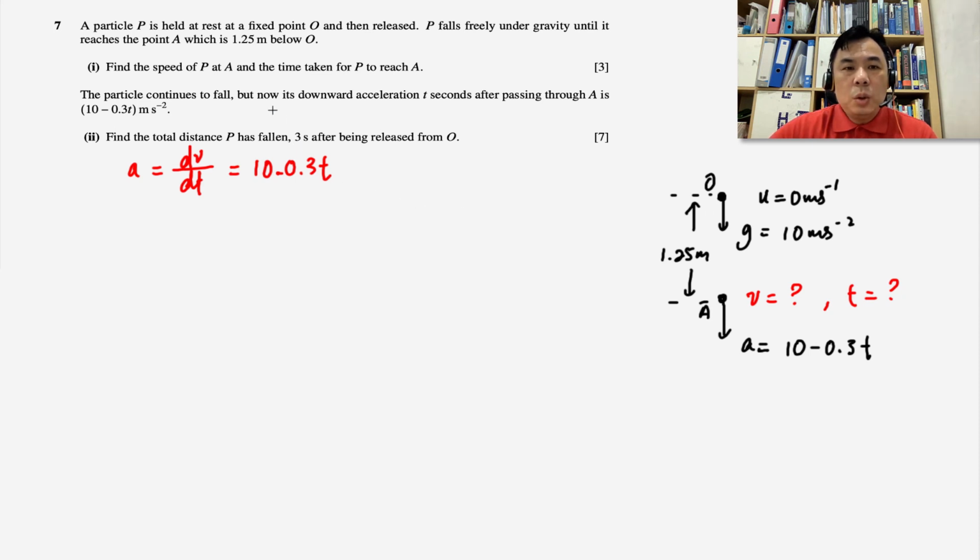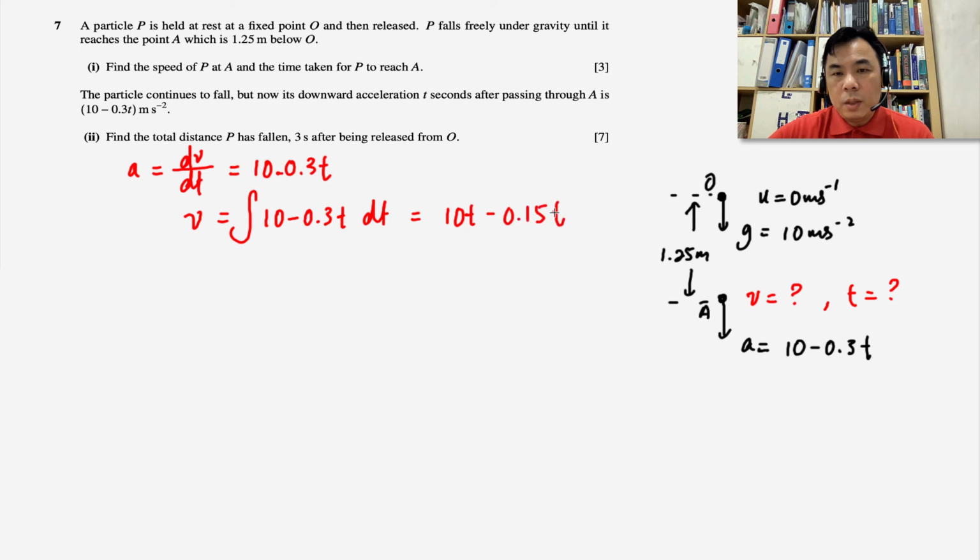Now in order to obtain the distance, we have to obtain the velocity first. Velocity is the integral of 10 minus 0.3t dt, and then that will give us 10t minus 0.15t squared plus a c, right? Plus a c at t equal to 0.